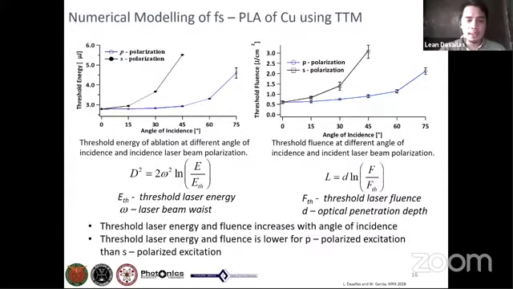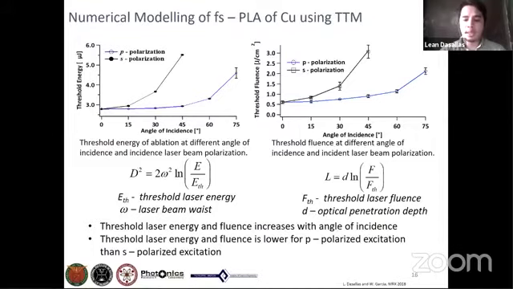The material property, which is the energy needed to initiate the ablation, is also determined. What we have observed is that it will be easier to do ablation with p-polarized light excitation compared to s-polarized light excitation, which is an important conclusion if we have to do some experiments such as pulse laser deposition.